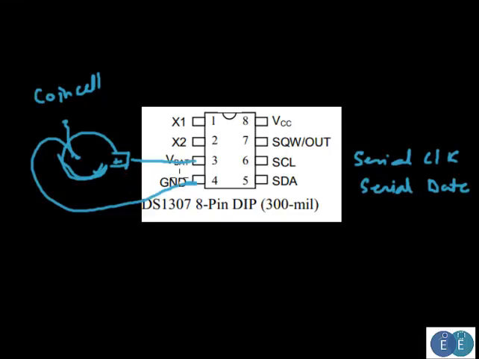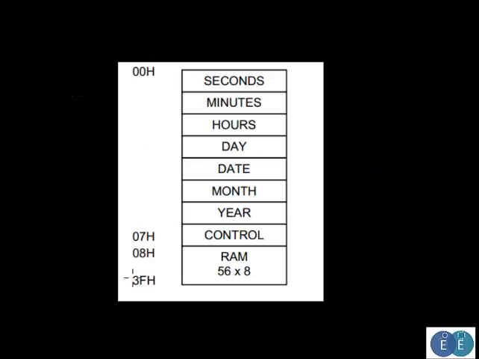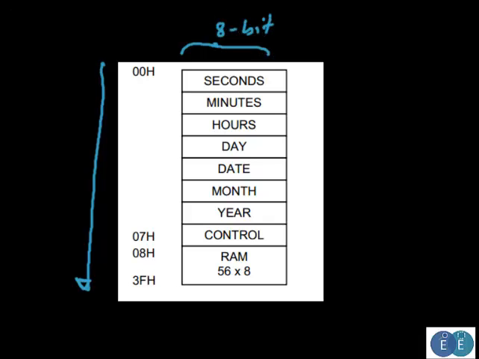So what this IC basically has is a RAM structure like this, or basically the internal address structure like this. If you observe, the addresses go from 0 to 3FH, and this is 8 bits wide.